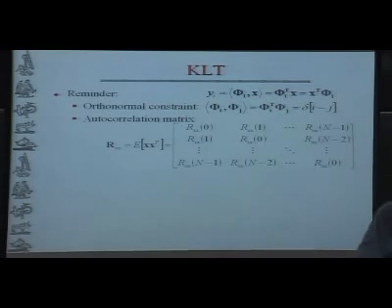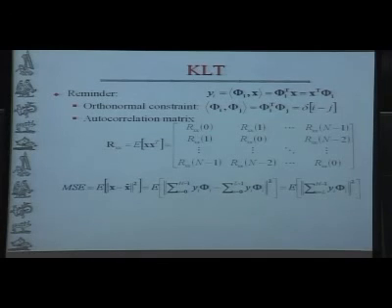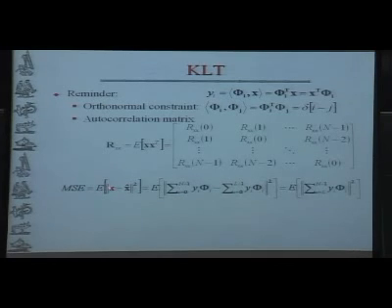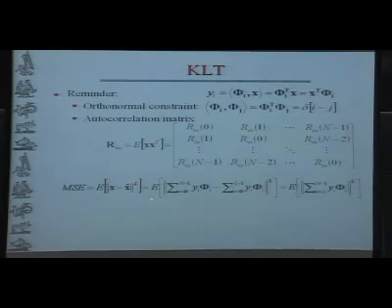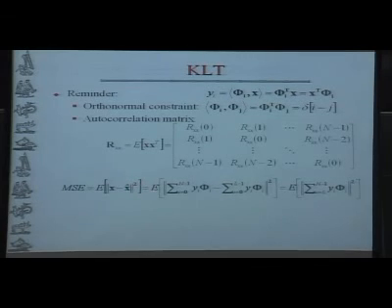So, how do we start? First, the MSE. MSE is the expectation of the L2 norm squared of x minus x hat. Agree? What is x? x is a linear combination of the phi.